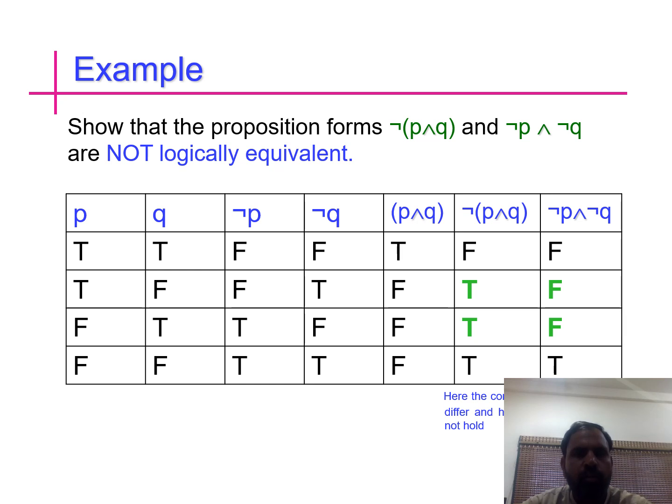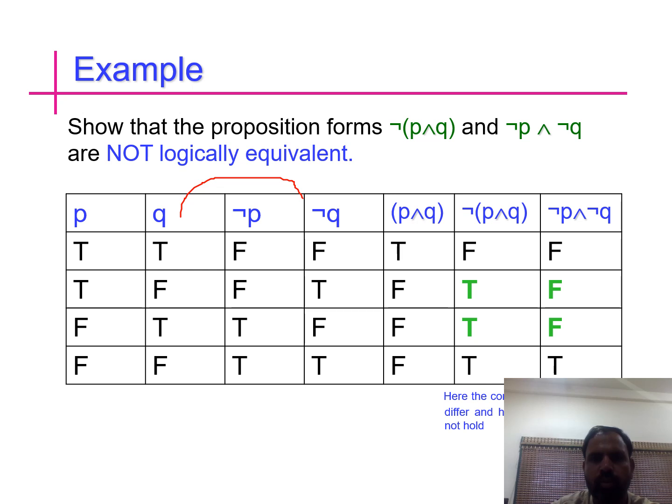In another example, we can show that the proposition forms negation of (P and Q) and negation of P and negation of Q are not logically equivalent. So we construct a truth table for both P and Q. These are the values for P and Q, already discussed in the previous lecture. Here is the column for negation P, and for negation Q we use this column of values.